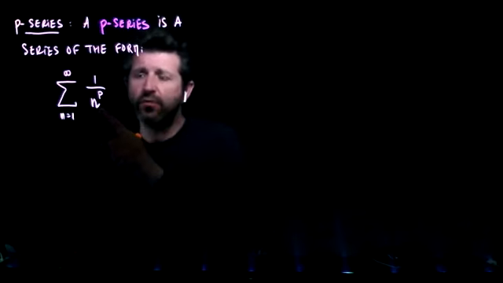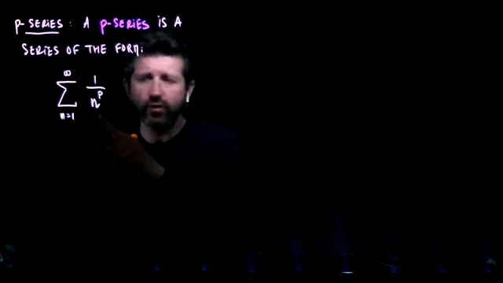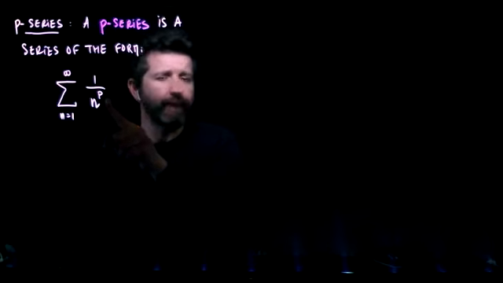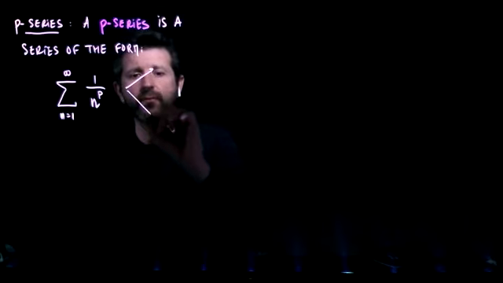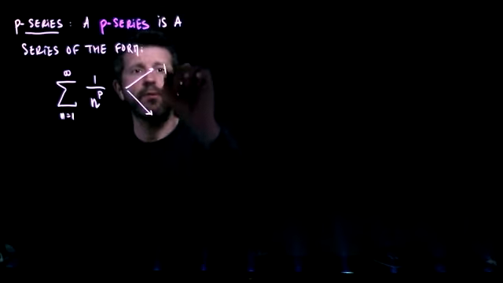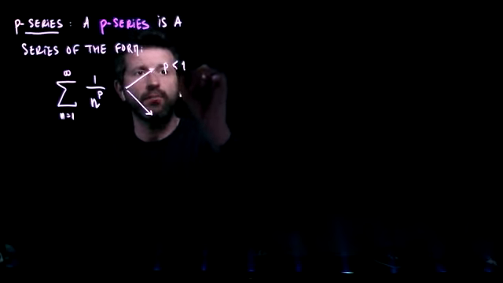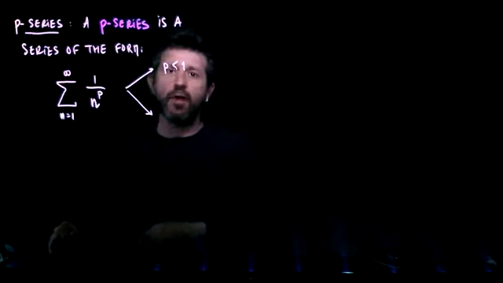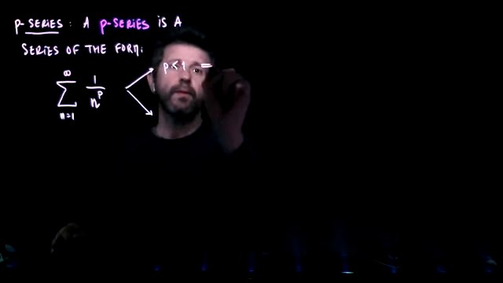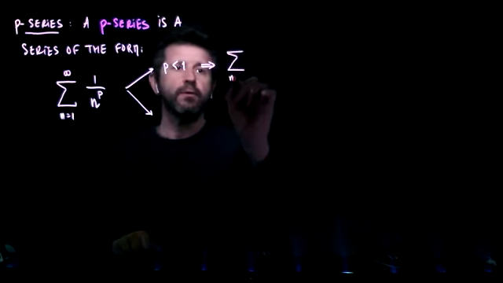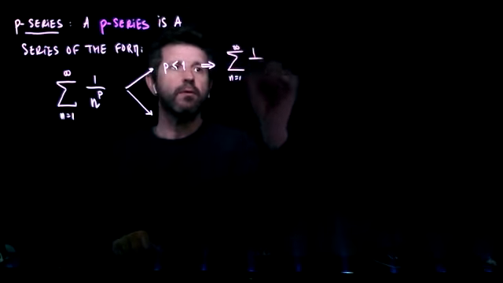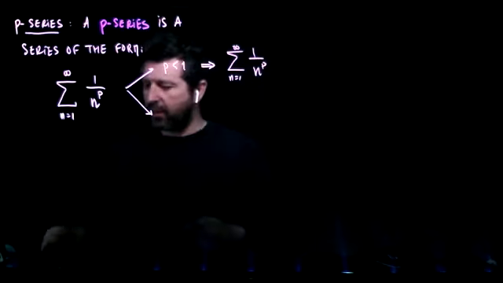And how do you determine whether this series converges or diverges? Well, it depends on the value of p. So two possibilities. If p is less than 1, then the p series diverges.